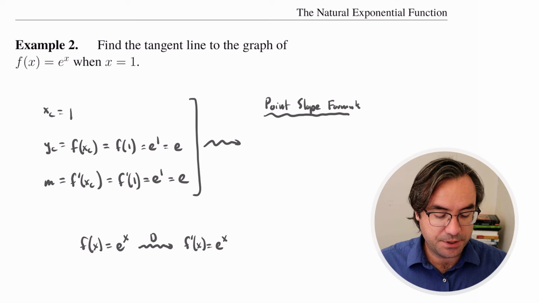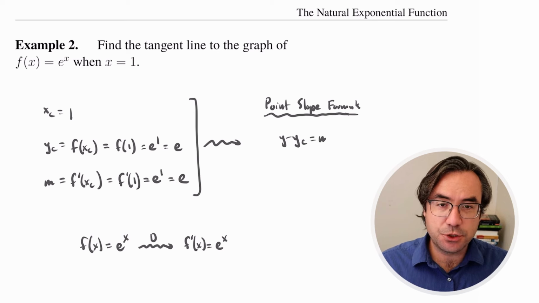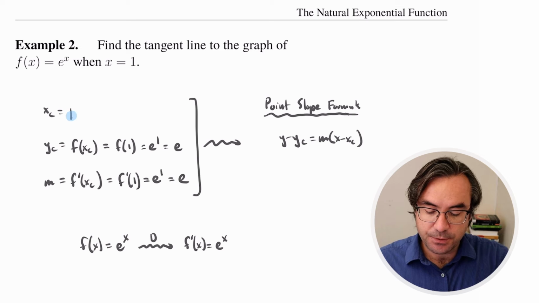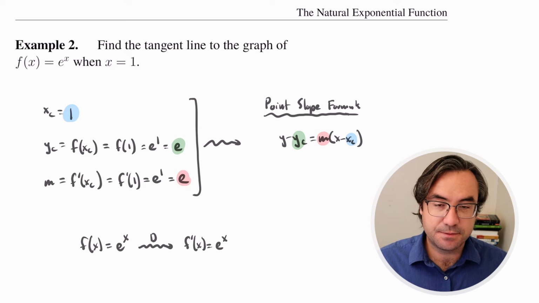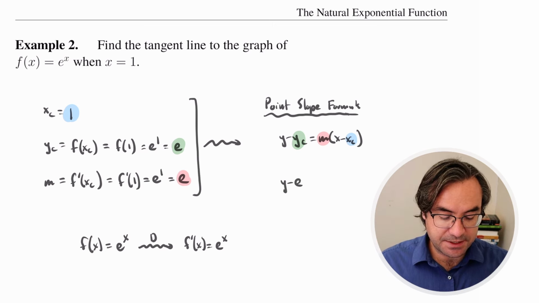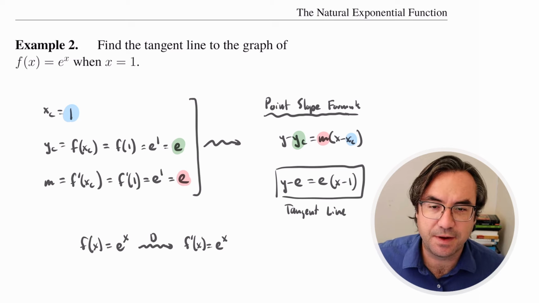So what's the point slope formula? Well, it's y minus the y-coordinate is equal to m times x minus the x-coordinate. And we just plug in the pieces. We know our x-coordinate is 1, our y-coordinate is e, and our slope m is also e. So if we plug in the pieces, we get y minus e is equal to e times x minus 1. And that is our tangent line. We could solve that for y, but it's perfectly fine to just leave it like that.